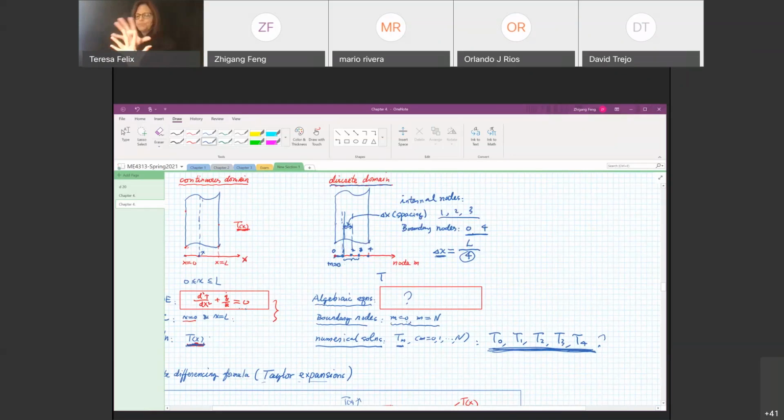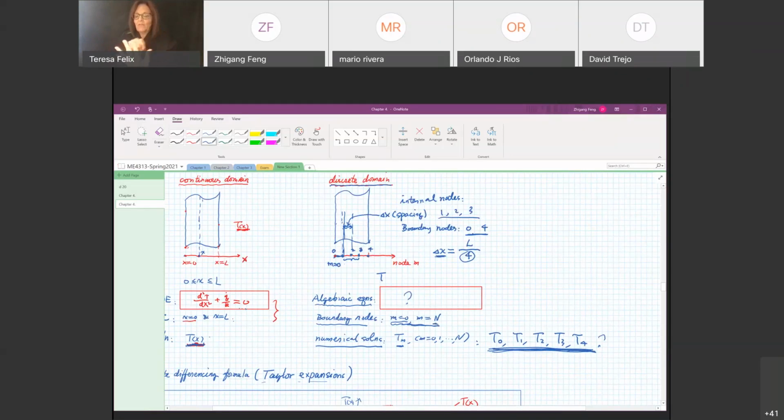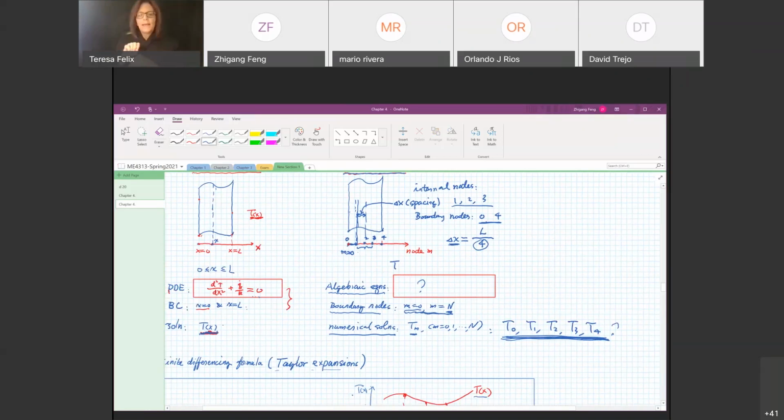So m equal to 0 is the boundary on the left side. M equal to capital N, I make capital N the last node, corresponds to the boundary on the right side. So I need the boundary conditions at these two boundary nodes, and I also need the equations for the internal nodes 1, 2, 3.